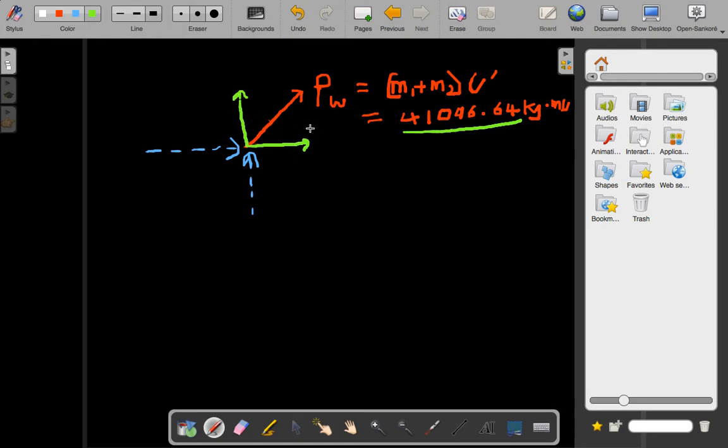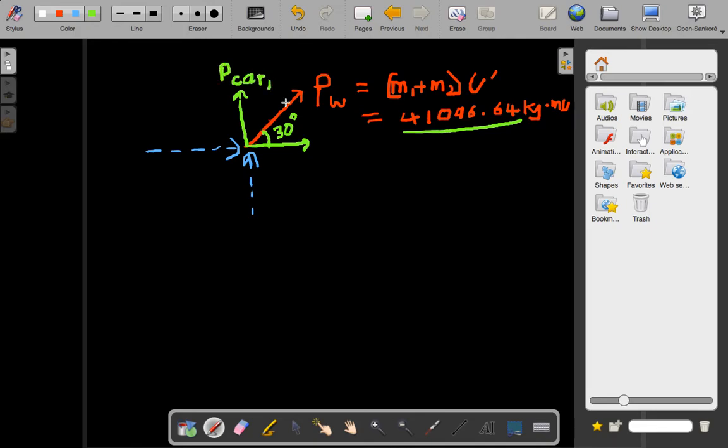Well, we know first of all that the wreckage travels at 30 degrees northeast. That's stated in the question. So, using some knowledge of trigonometry, we can determine this. I'll just write it right here.